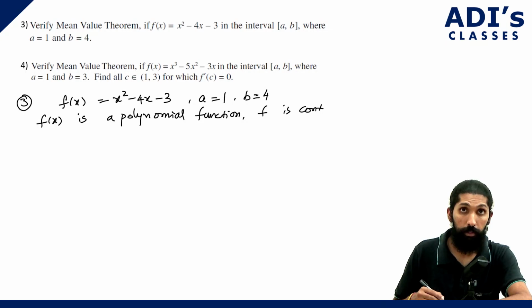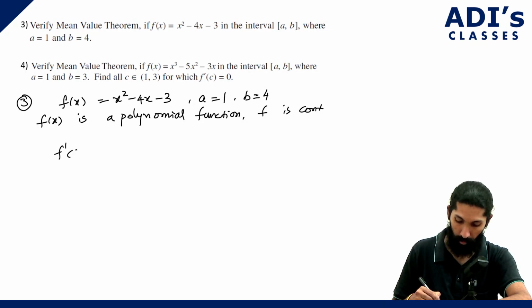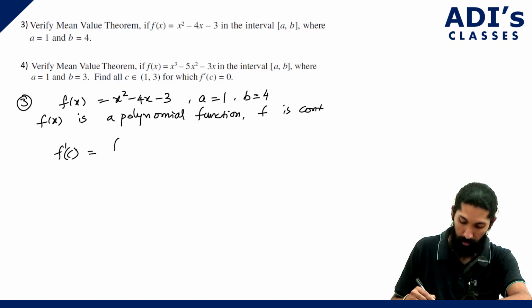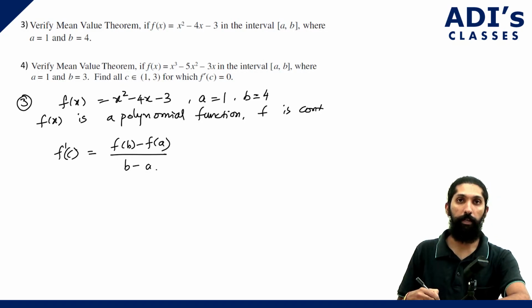Now comes the last part, that is f dash of c is f of b minus f of a by b minus a, correct?